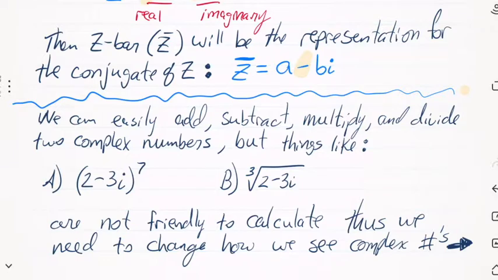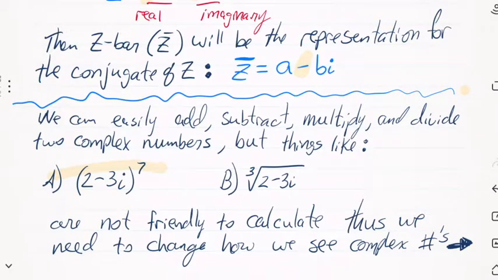All right, so why are we talking about complex numbers again? Well, when you learned them back in 171, you can easily add, subtract, multiply, and divide these things. But when we come up to things like 2 minus 3i raised to the 7th, then we're talking about something that's really complex to do as a complex number.